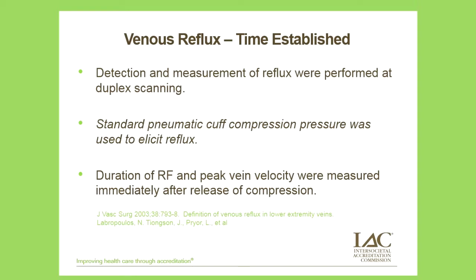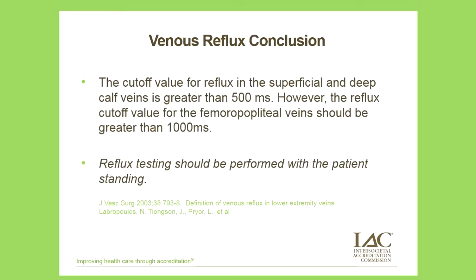They used a pneumatic cuff compression, and they measured other things as well. But basically, they came up with a cutoff value of greater than 0.5 seconds as abnormal, except in the femoral and popliteal veins, where it is greater than 1 second. And they also wrote in their paper that reflux testing should be performed with the patient standing.